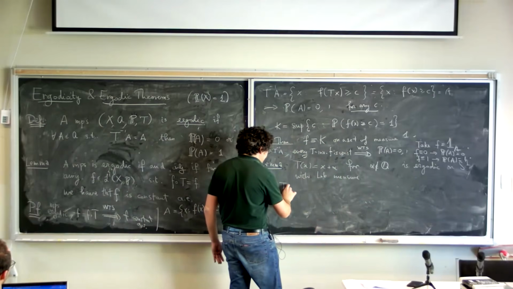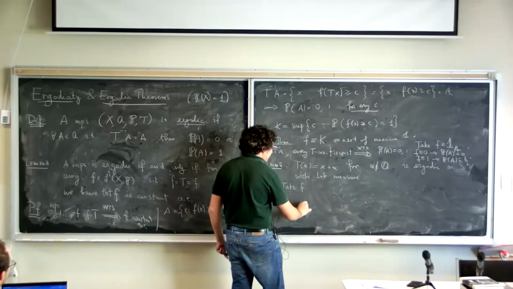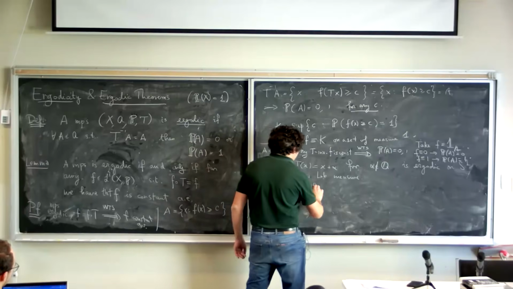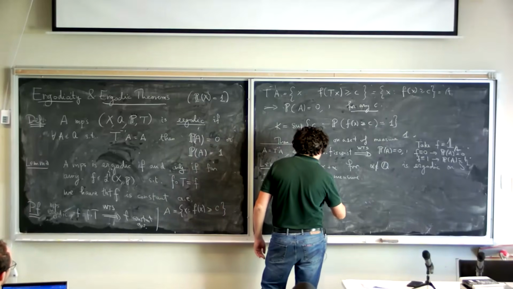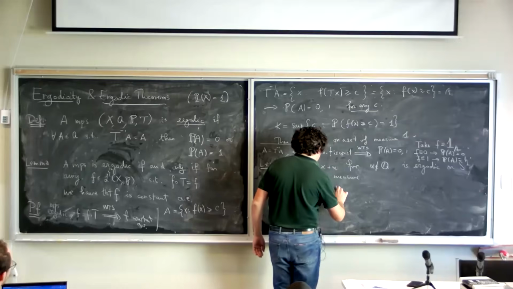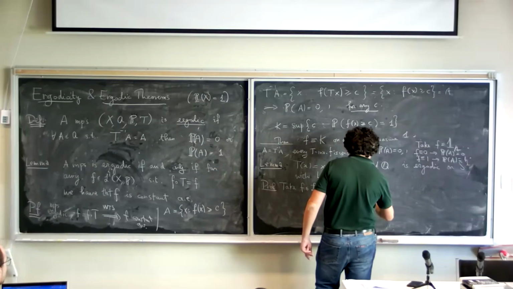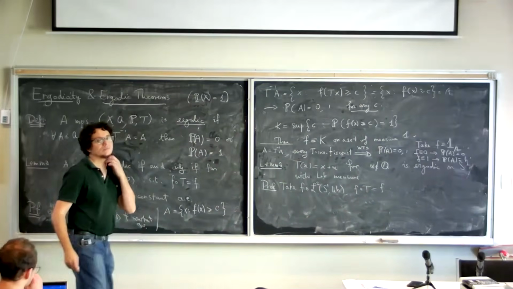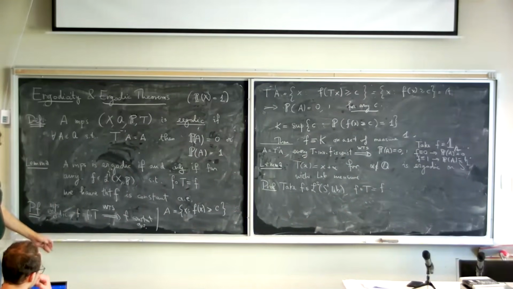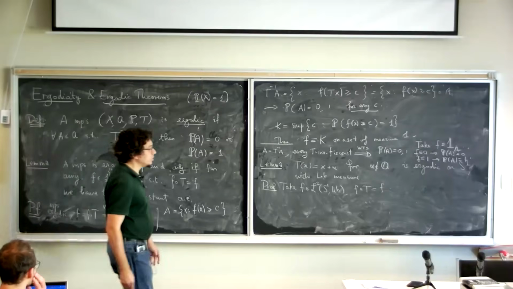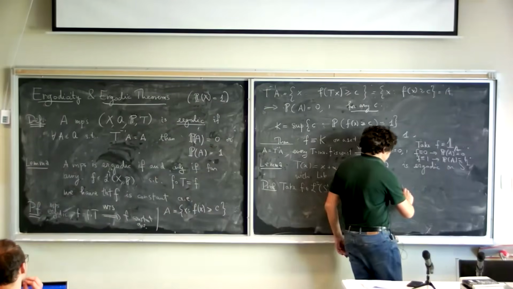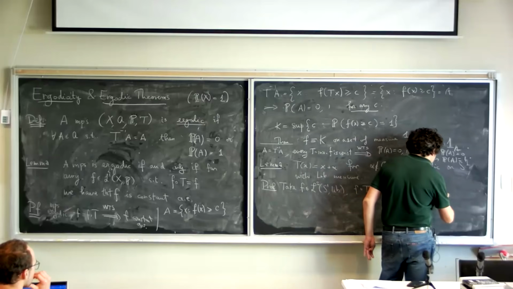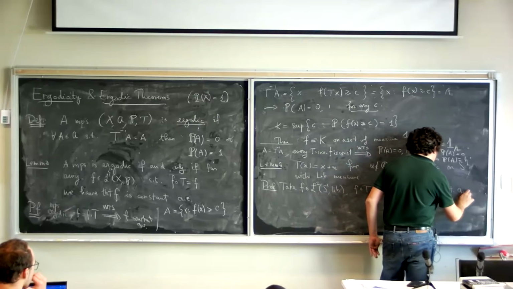So the proof is like this. You take f in L2 of S1 with respect to the Lebesgue measure, and we assume that f composed with T equals f. And now we want to show that f is constant, almost surely.